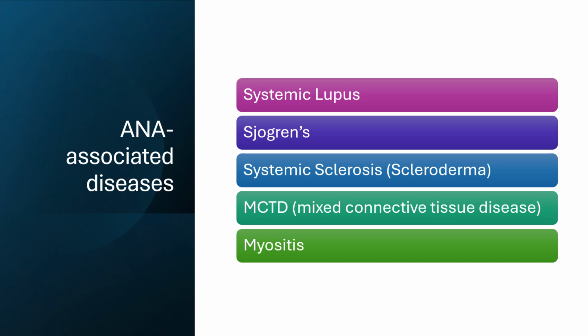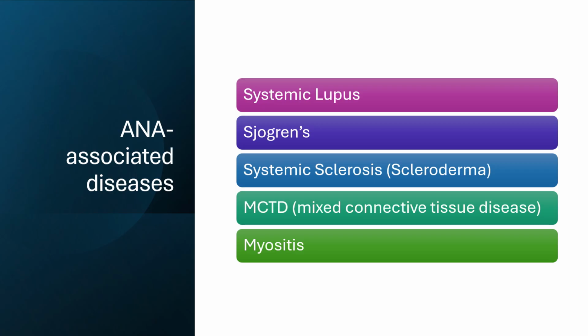The pattern that's described on the ANA is most often homogeneous or speckled. And when that's the case, it's really hard to know what the specific antigen is. There are some cases where the ANA pattern is very helpful. For instance, if there's a centromere pattern, then that person almost certainly has an anti-centromere antibody.